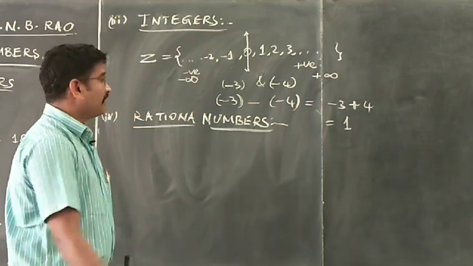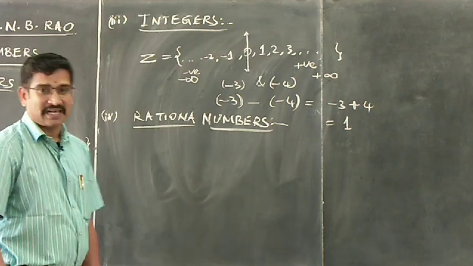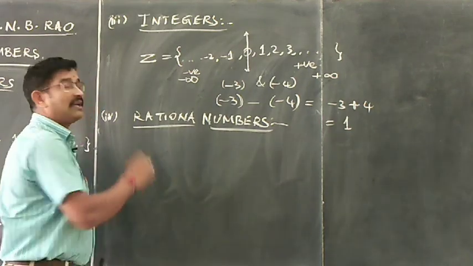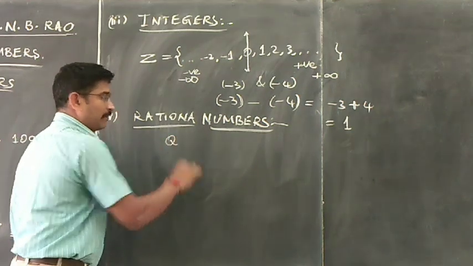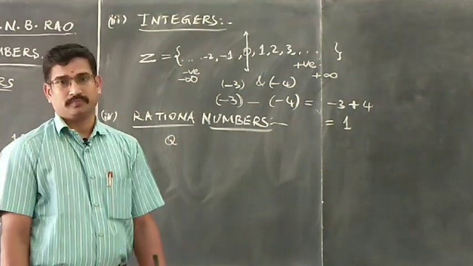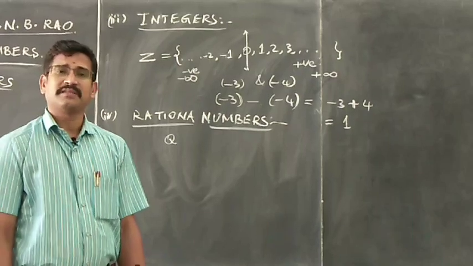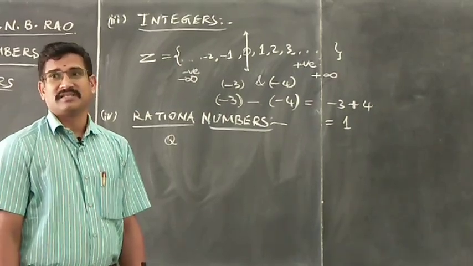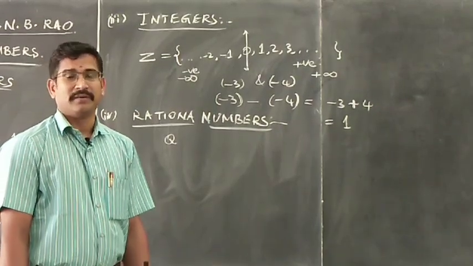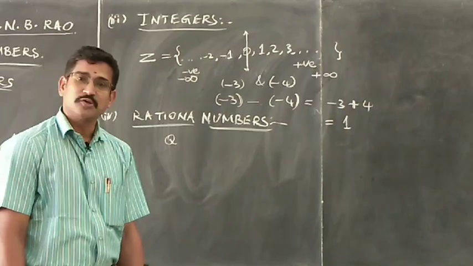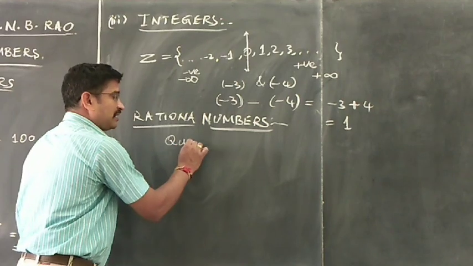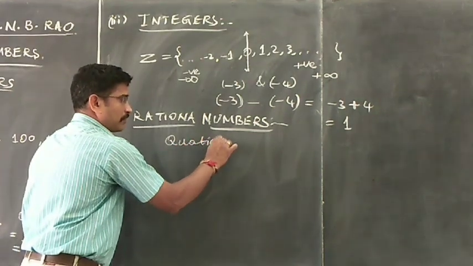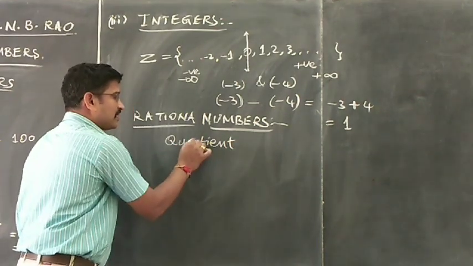Next to this, we have learned in our class 7 standard rational numbers. Children, rational numbers are represented by the letter Q. Why are these represented by the letter Q? It is just because rational numbers are also called quotient numbers. Quotient. Why this quotient?